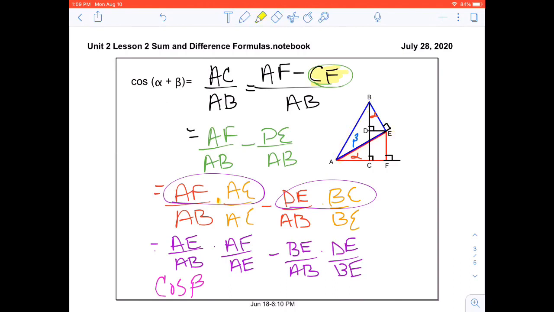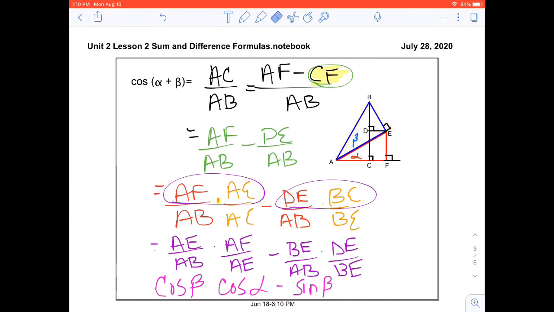Now let's look at AF to AE. Those are both on the red triangle, and AF is also adjacent, so that is the cosine of alpha. So now let's look at BE over AB. Those are both on the blue triangle, and BE is opposite beta, so that's the sine of beta.